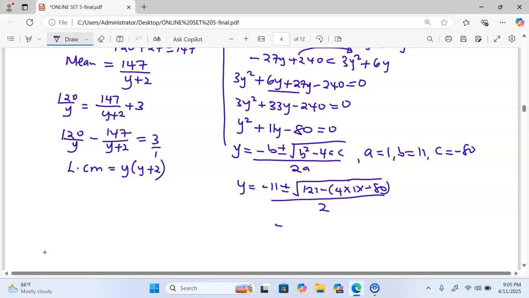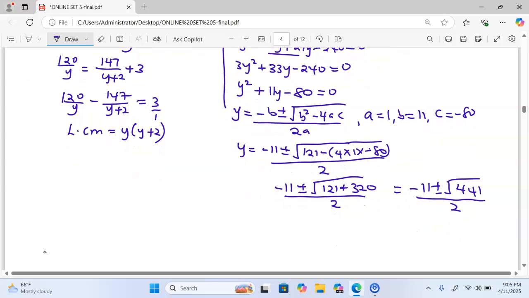From here now we are going to have negative 11 plus or minus square root of 121, minus times negative gives a plus 320, divided by 2. And this one is going to be minus 11 plus or minus square root of 121 plus 320, which will give us 441, divided by 2.